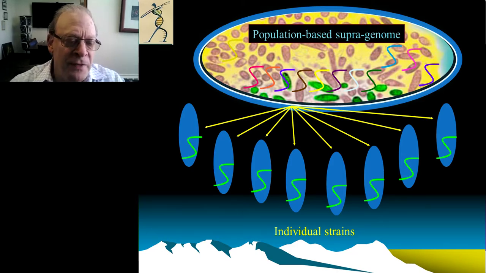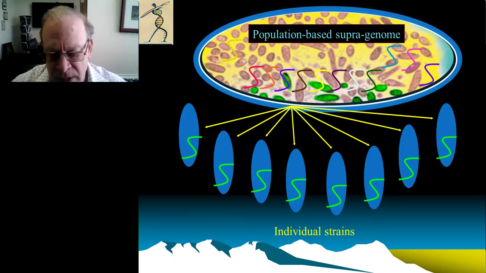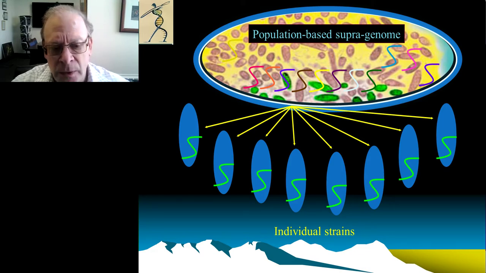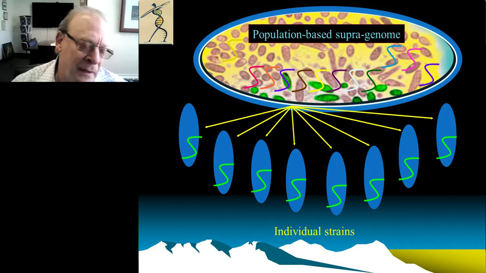If each of the individual blue ellipses, which has a green helix in it, represents a strain of bacteria, and the green helix represents the core genome, that is the genes that are common among all strains of that population or species, what we now see is that if we look at the entire genome of each individual strain within that species, it has this set of distributed genes indicated by a different colored helix.